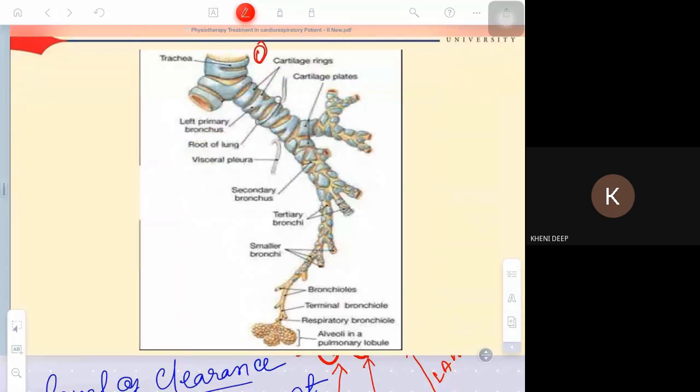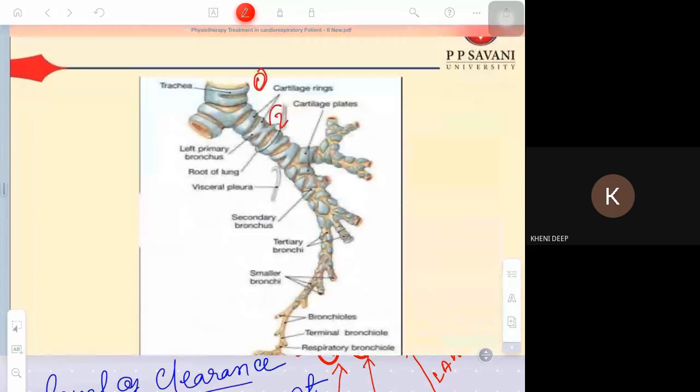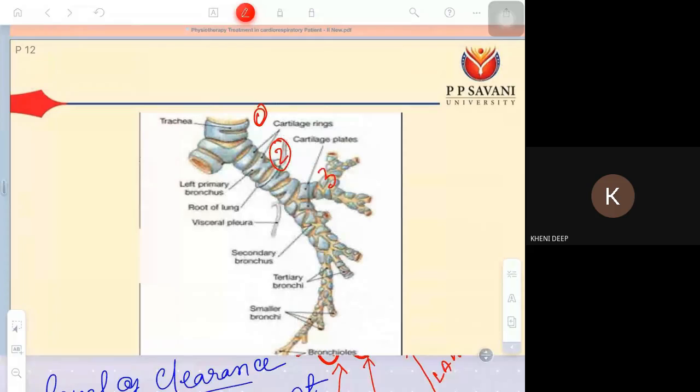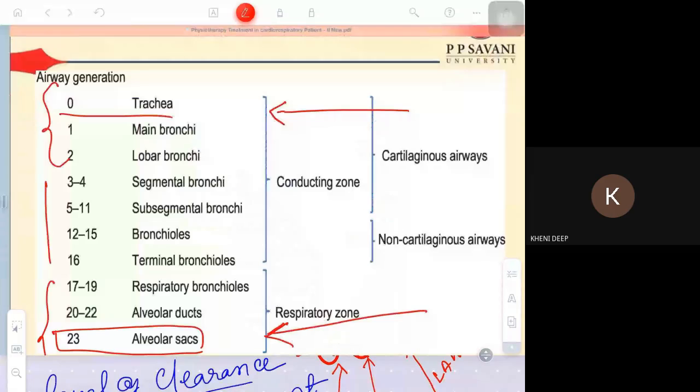Trachea is considered 0. Main bronchus is considered 2. Lobar bronchus is considered 3. There are upper lobe and middle lobe. This is going to the lower lobe, and this is going to the upper lobe. Clear? What is next? Segmental bronchi, for each and every segment.